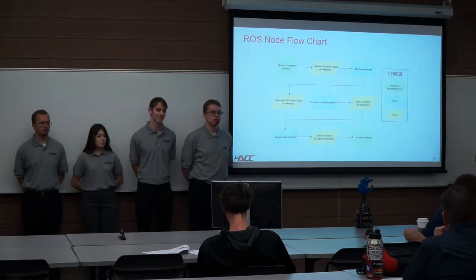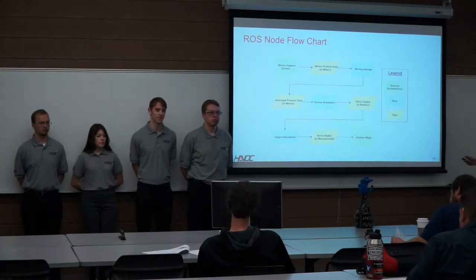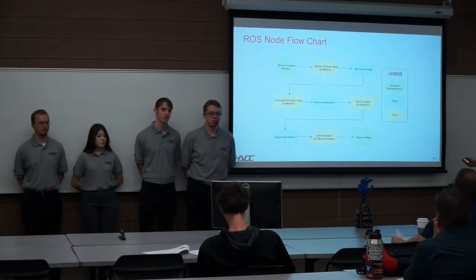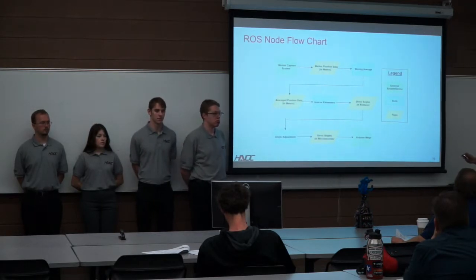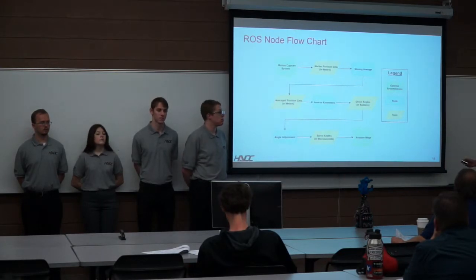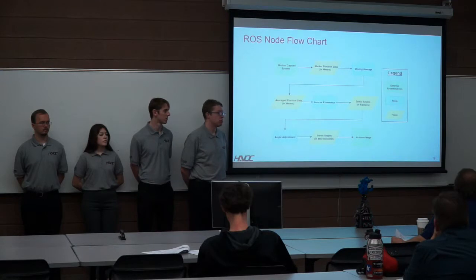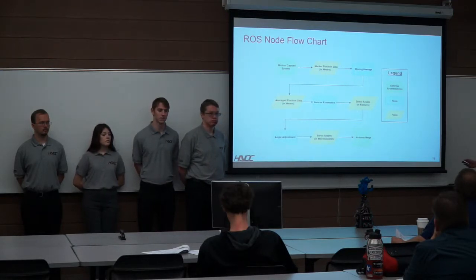Our flow chart for our ROS system starts at our motion capture system. We take in the marker position data from the system, apply a moving average filter to it to reduce noise in the system, average those positions, and feed that average position to the inverse kinematics, which will give us our joint angles in radians.